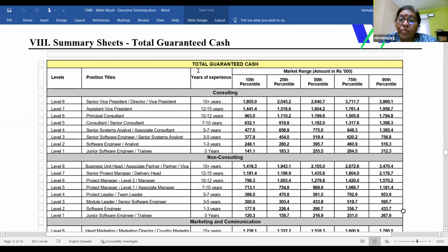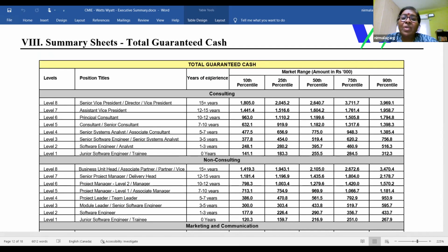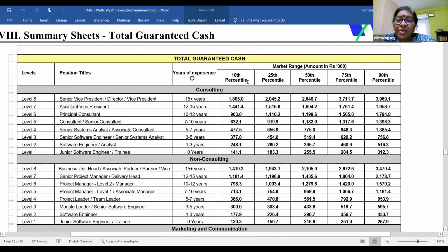It will include all that, because when you are comparing, you have to ensure that for your own position, you are adding up all those line items.